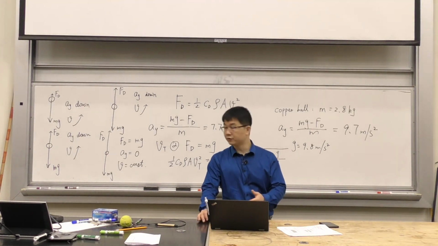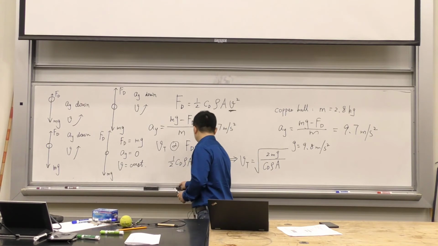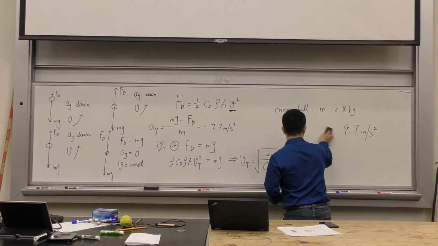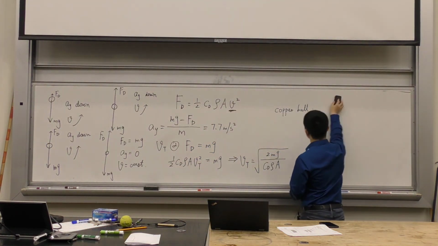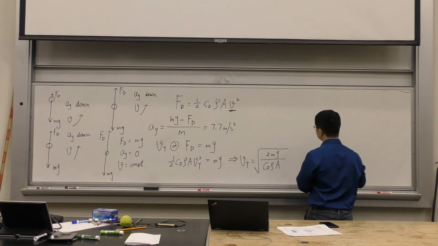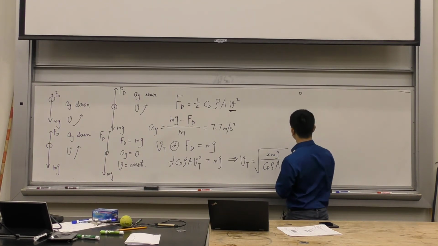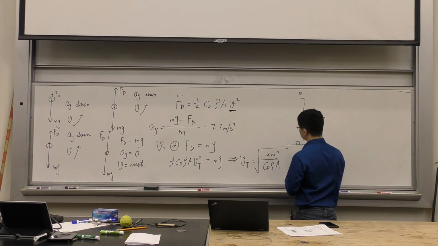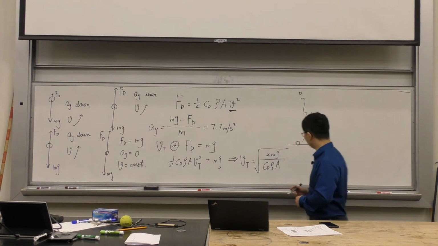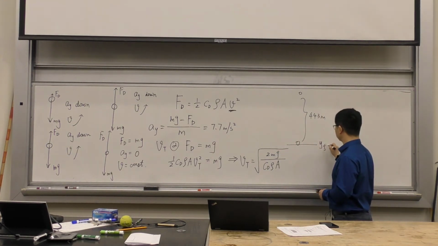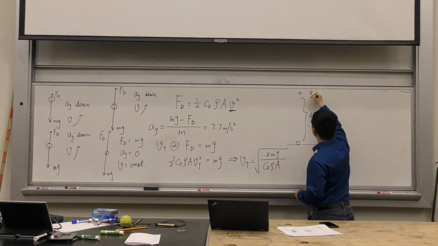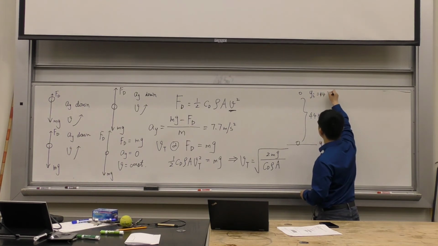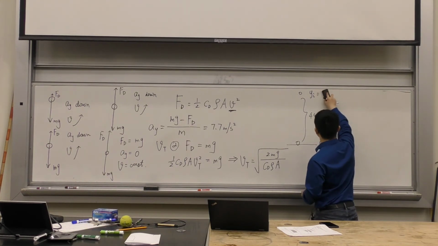In this case, you know the yi and yf. If this is the ground, this height is 443 meters. So you would call yf 0, and yi becomes 443 meters.